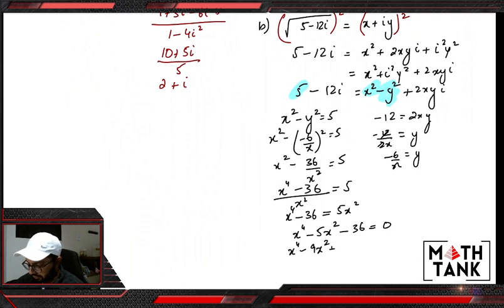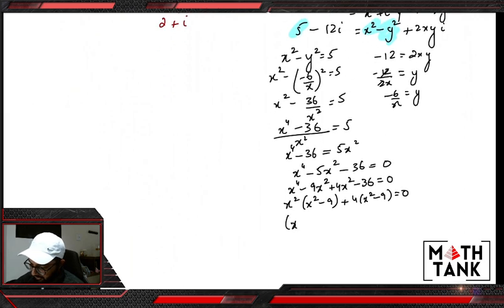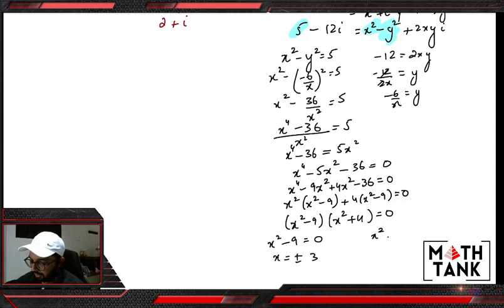I can see the factors 9 and 4. I could also do this with a calculator. So I'm getting x squared minus 9 and x squared plus 4 equals 0. So x squared minus 9 equals 0. x is therefore plus and minus 3. x squared equals minus 4.